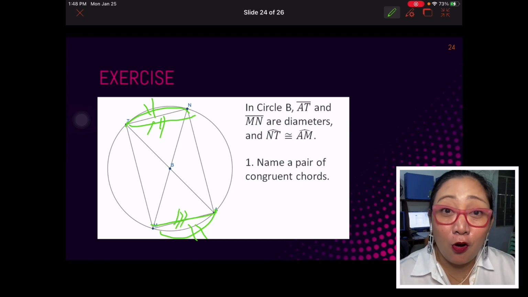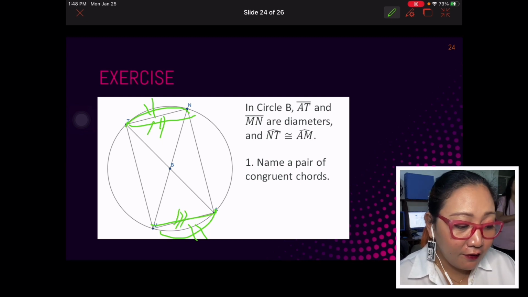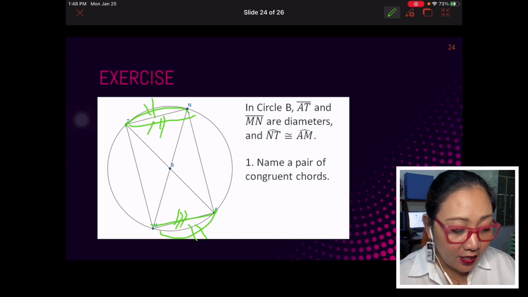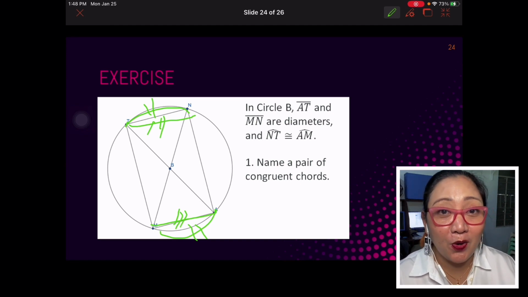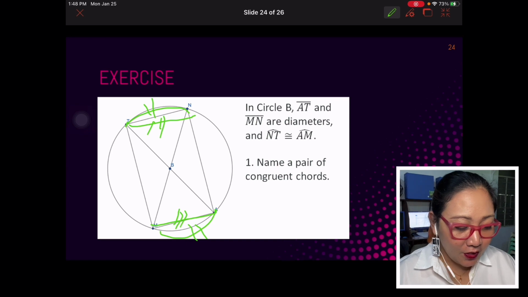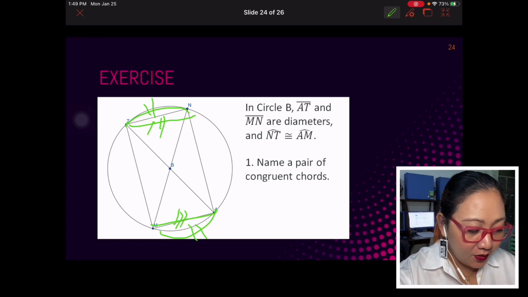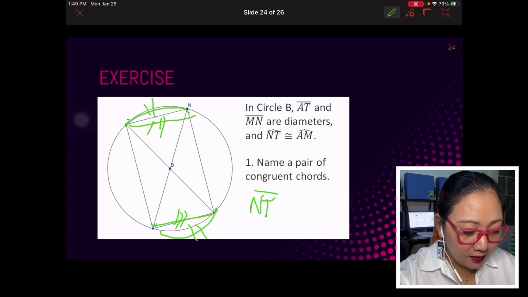So, ano po ba yung mga corresponding chords natin? We have chord NT at saka si chord AM. Okay? So, yan po ang ating isasagot, ha? Si chord NT and chord AM.